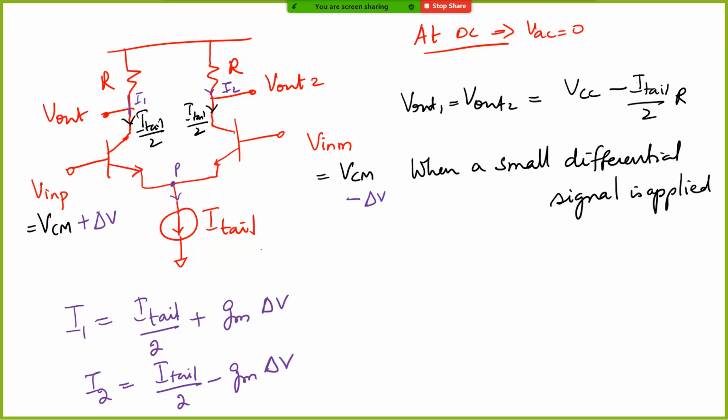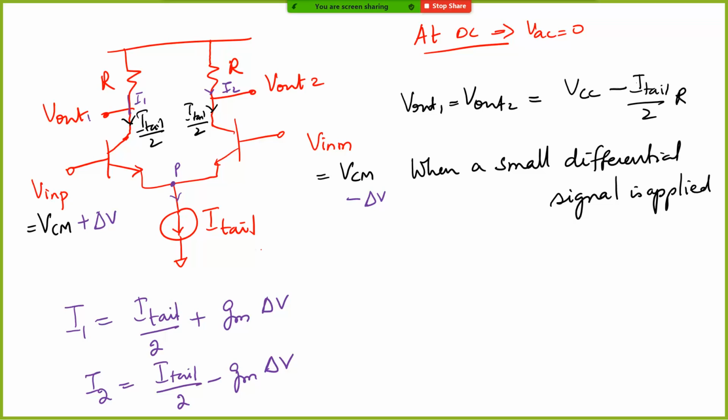One side has slightly more current and the other side has slightly less. You can think of it as if the current is circulating: one side has more, the other side less, and the sum of the two stays equal.